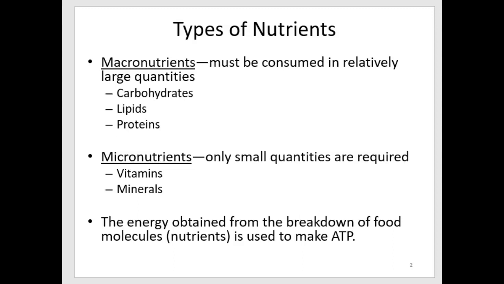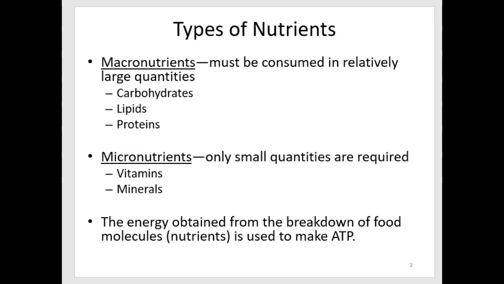So the types of nutrients that cells have access to are numerous. The ones that we as humans, as well as our cells, use in large quantity are called macronutrients. These are carbohydrates, lipids, and proteins. We also need micronutrients, as do our cells, for chemical reactions, but only small quantities.